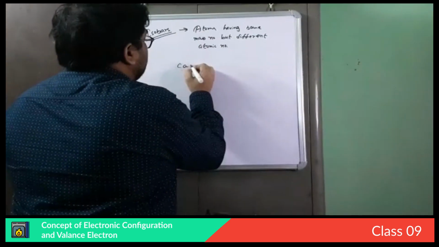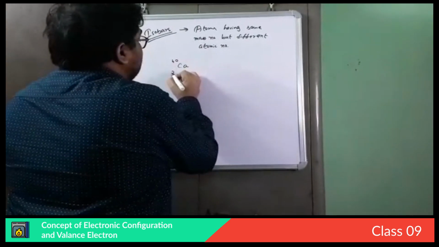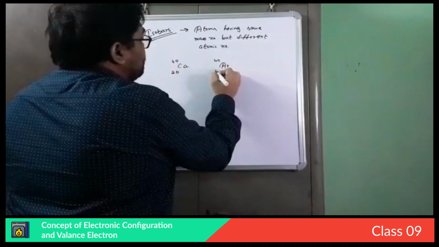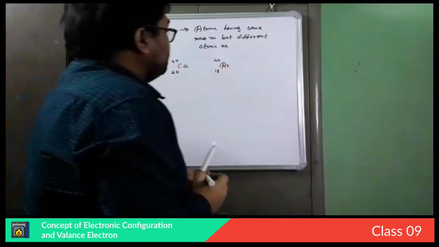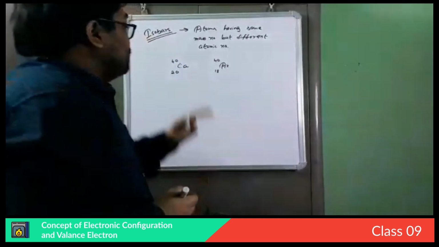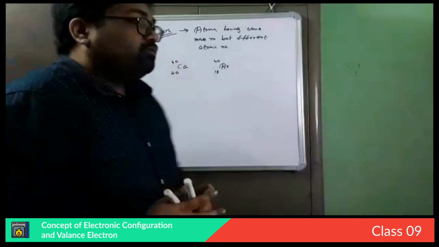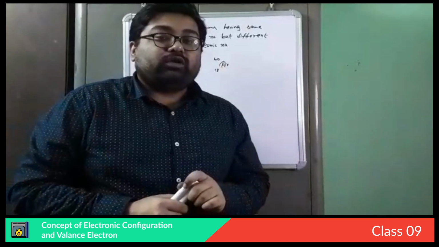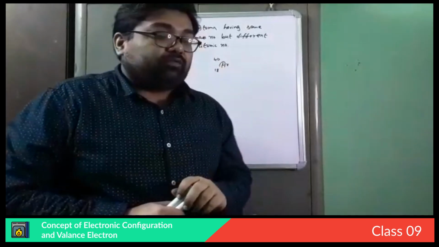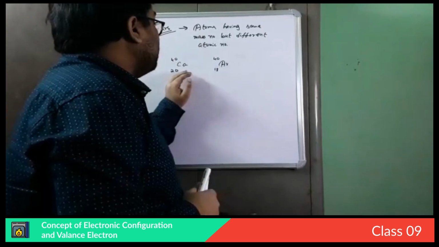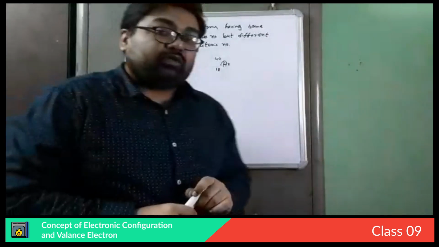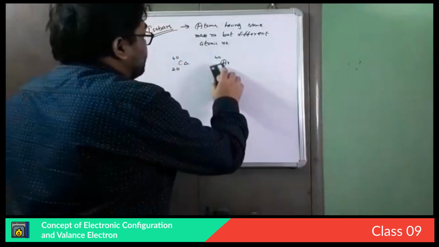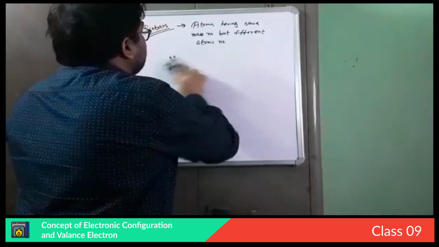For example, you can say calcium 40, 20 and argon 40, 18, right? Now you can see calcium has the mass number of 40, and similarly argon also has 40, but the atomic number is different. That is, for calcium it is equal to 20 and for argon it is 18, right?